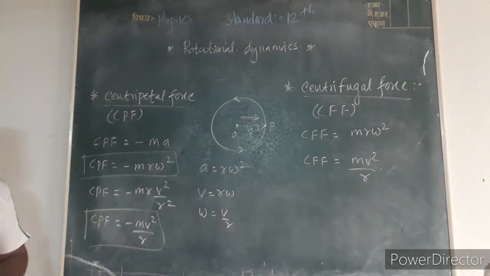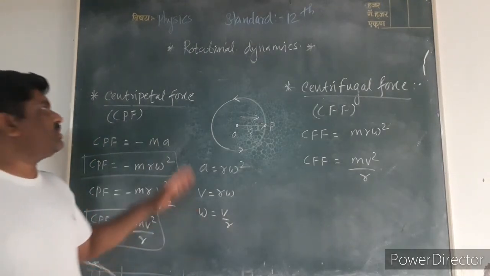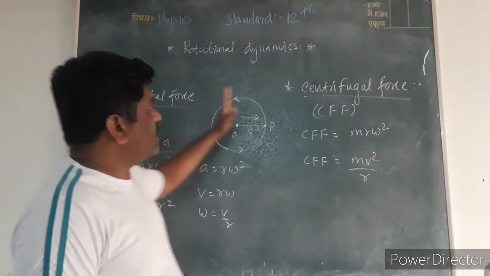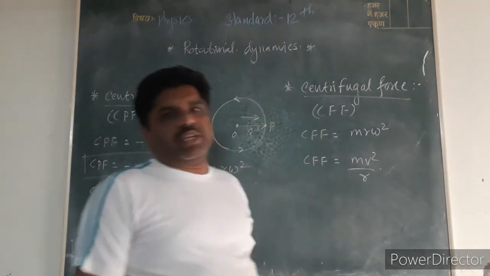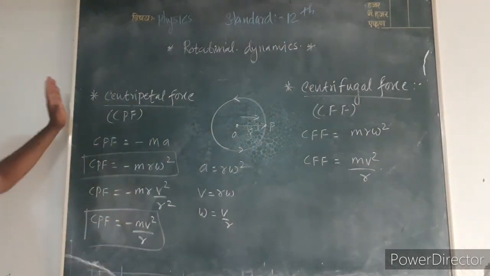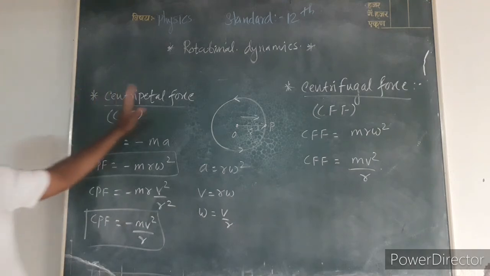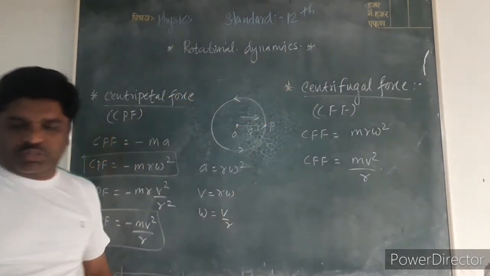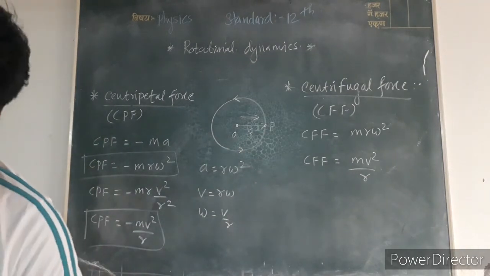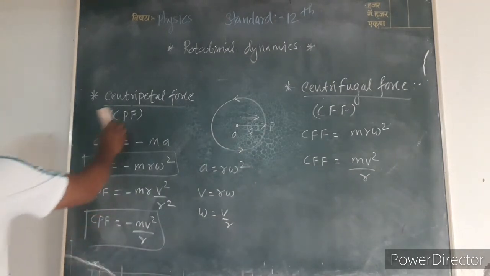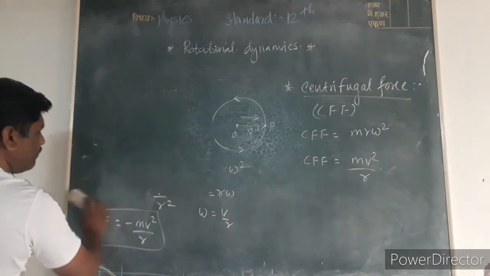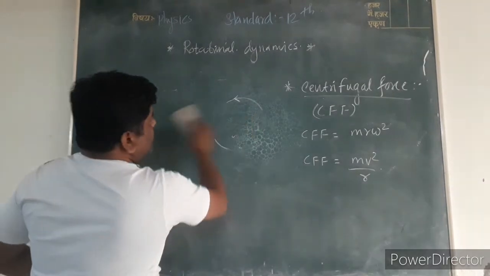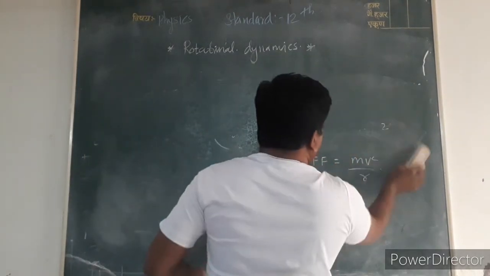The formula and SI unit of centrifugal force and centripetal force are the same. Also, centripetal force is a real force, while centrifugal force is a pseudo force or fictitious force. This is about centripetal force and centrifugal force in uniform circular motion.